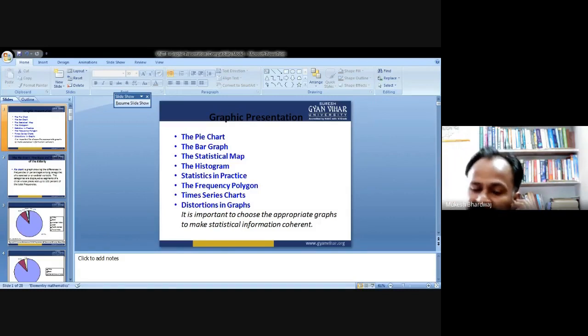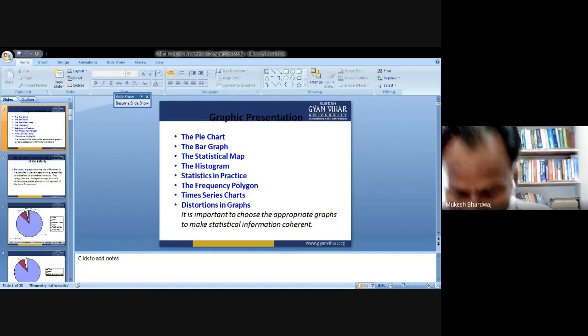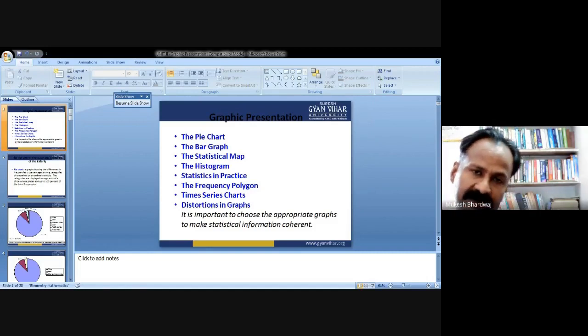That is, histogram is basically a method of presentation of data which is almost similar to the bar diagram, but in a bar diagram we restrict one condition, that the width of the bars is not going to be changed, but in the histogram the width and the height are changed in accordance with the condition. So the age distribution in US population 65 years and over: 65 to 69, 70 to 74, 75 to 79, 80 to 84, 85 to 89, 90 to 94, 95 plus.